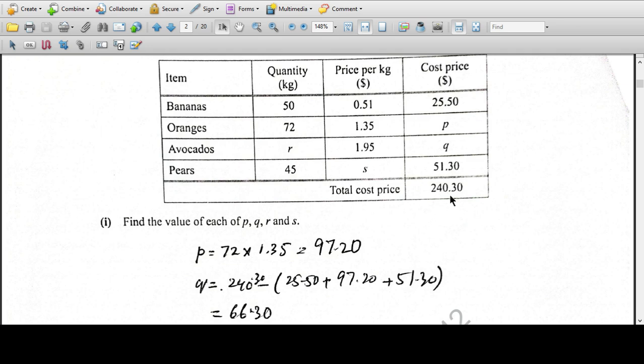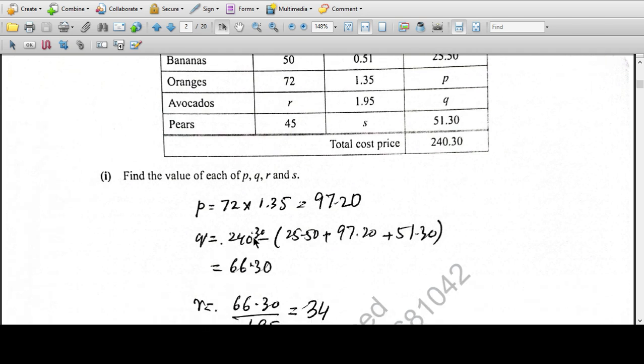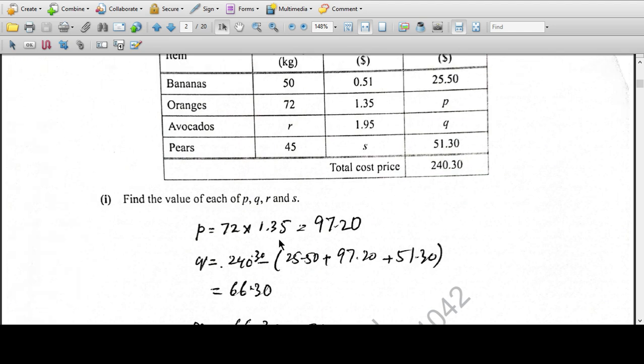So 240.3 minus all the other costs is equal to Q. If we subtract the other costs from this 240.3, we get the cost of the Q value, that is the cost of avocados. So Q is equal to 240.30 minus 225.50 plus the P value.